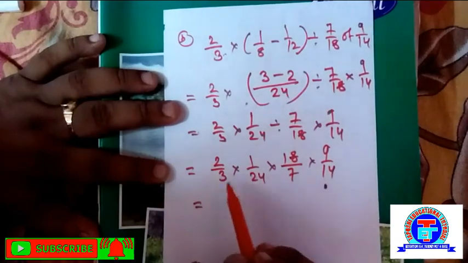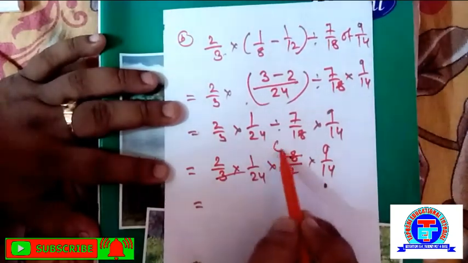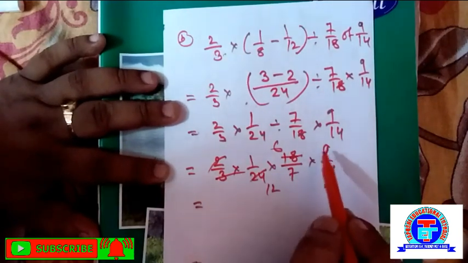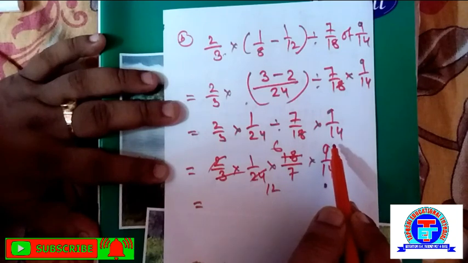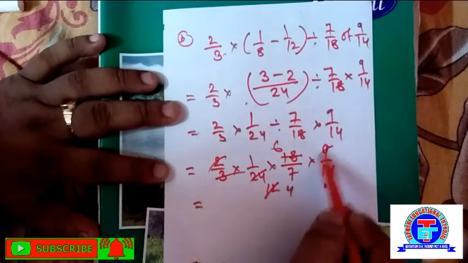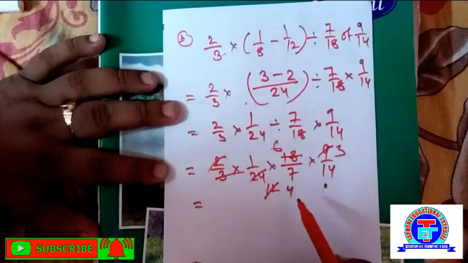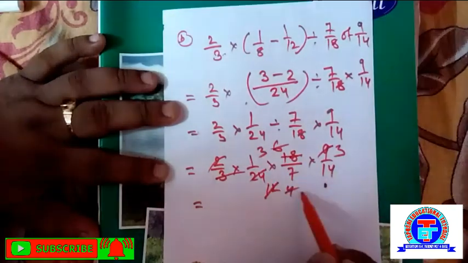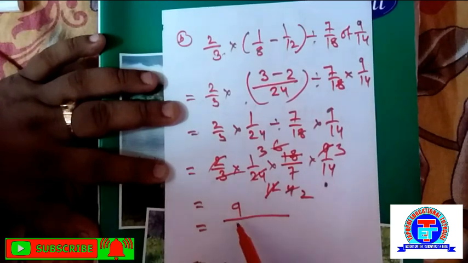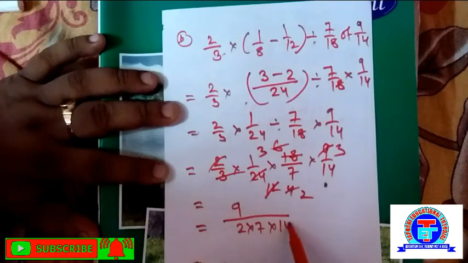Now cancel this one 6, this one 12, okay. Now this one became this one 3 4 ja and this one 3 3 ja 9, okay, and this one 3 and this one 2. So it will become the 9 by 2 into 7 into 14, okay.